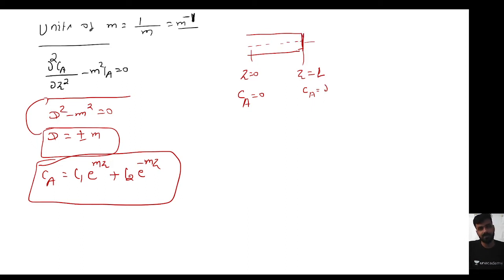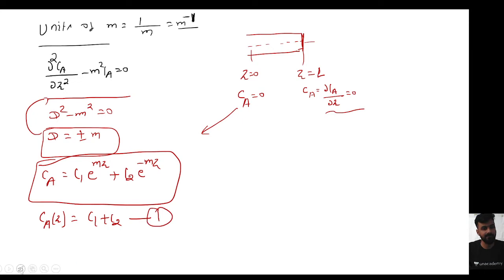At z equals L, ∂C_A/∂z is equal to 0, since the concentration will not vary with length. So just substitute these things over here. At z equals 0, C_A is C1 plus C2. This is equation 1.